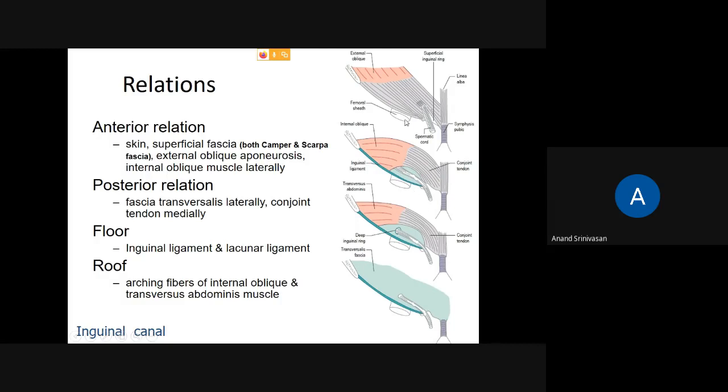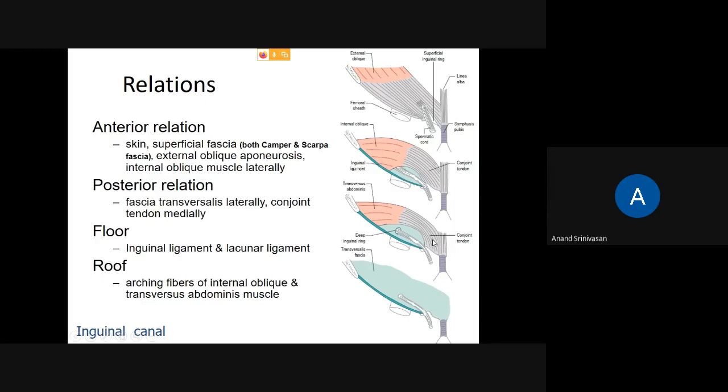Anterior relations, you already know, are the same layers which you come across: skin, superficial fascia, external oblique aponeurosis, internal oblique aponeurosis. Posteriorly, the relation is the fascia transversalis, and medially there will be the conjoint tendon.